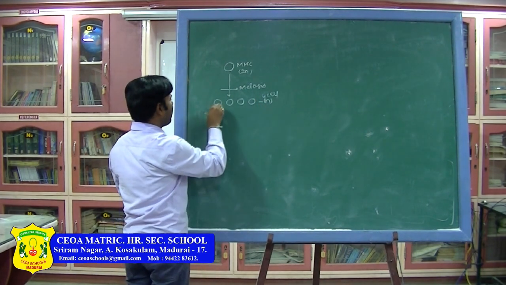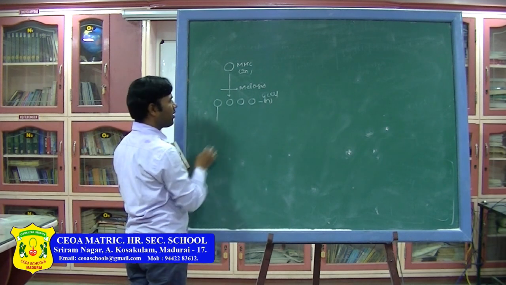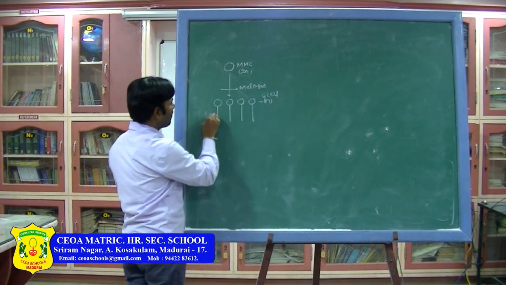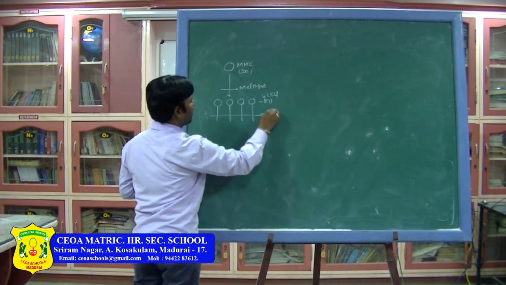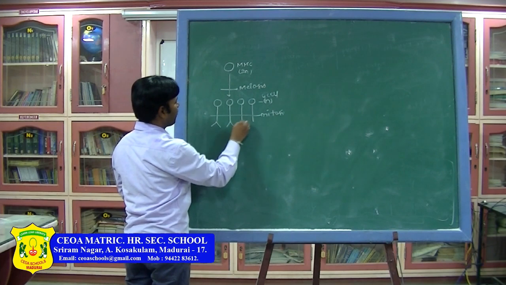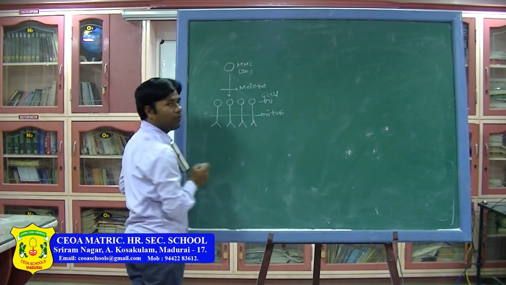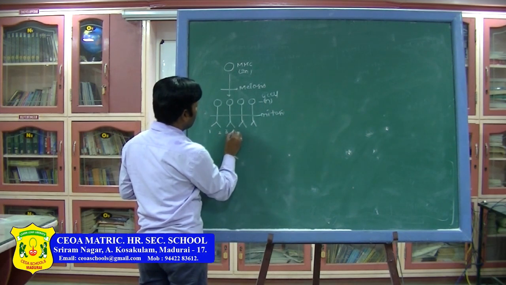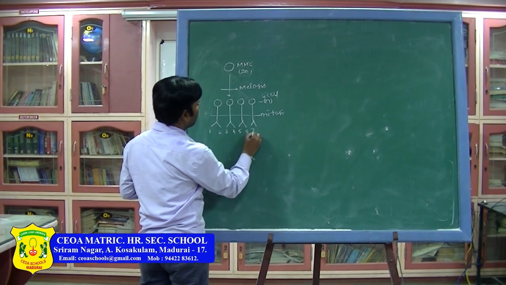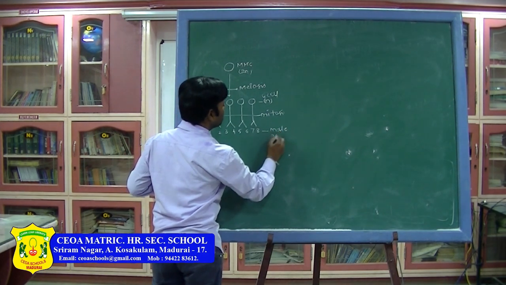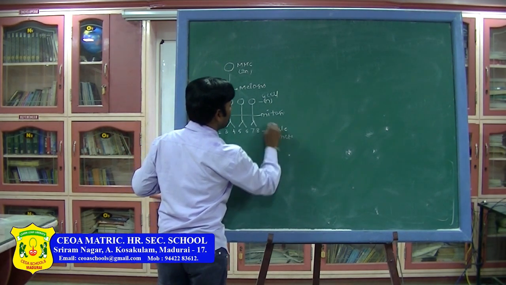Then what happens here? 1 mitosis here, 1 mitosis here, mitosis, mitosis. Due to that mitotic cell division, we get 1, 2, 3, 4, 5, 6, 7, 8. How many? 8. 8 mature male gametes are forming.